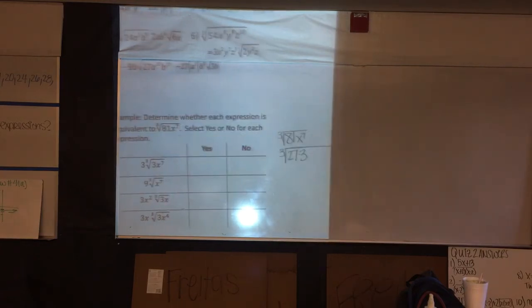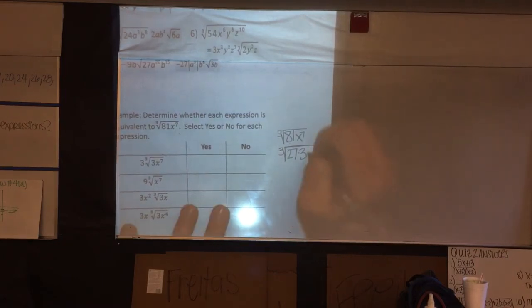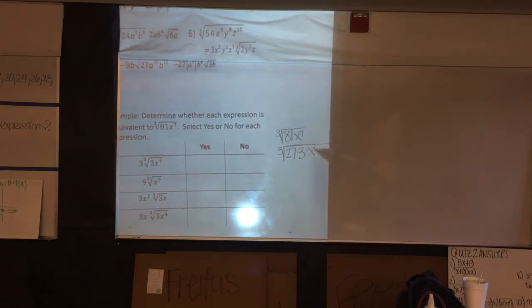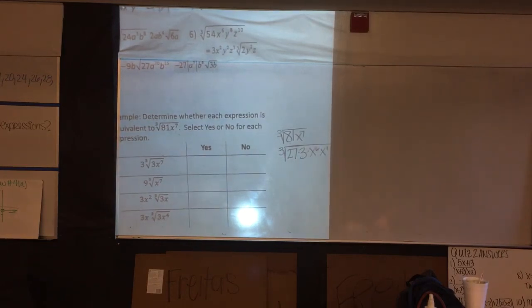And then x to the 7th, I could break that down into x to the 6th times x. Now, why did I pick x to the 6th and x? I can add the exponents, and that would give me x to the 7th, and that's a property of exponents. But also, I picked the 6th because I can cube root a 6.